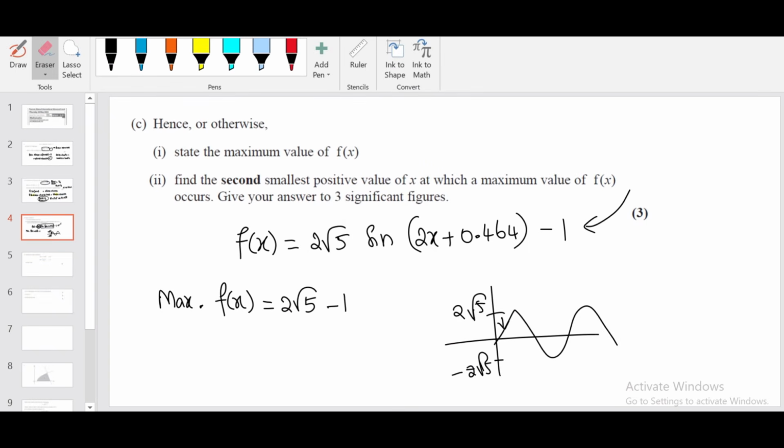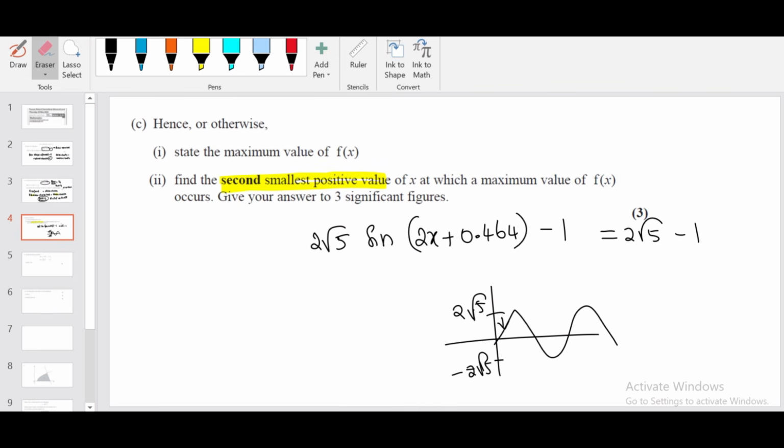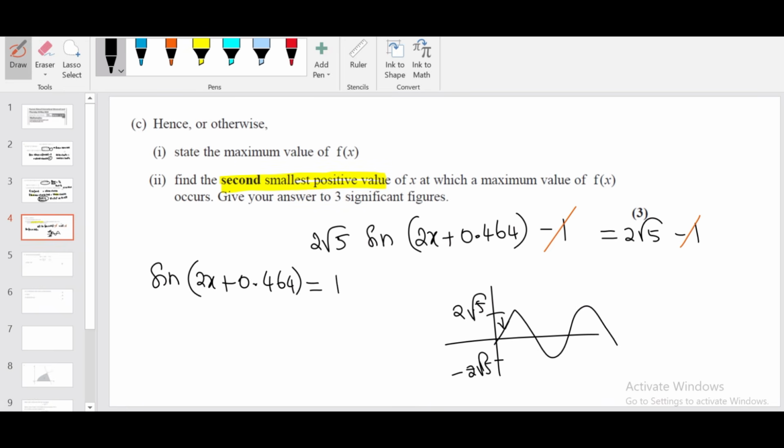Now the next part says, find the second smallest positive value at which the function is maximum. The maximum value of the function is 2 root 5 minus 1, right? Equate them and solve and take the second value. You can cancel this, divide by 2 root 5, you will get sin(2x plus 0.464) is equal to 1.